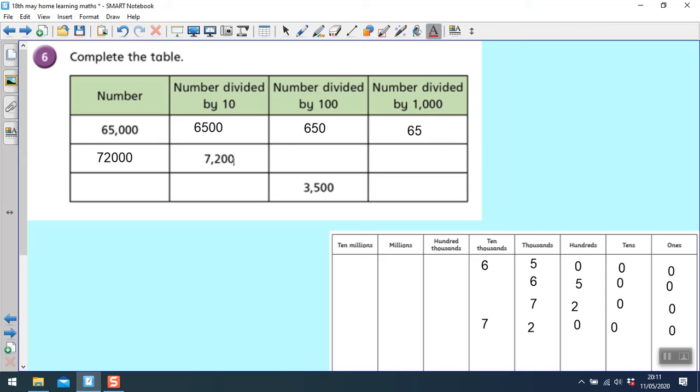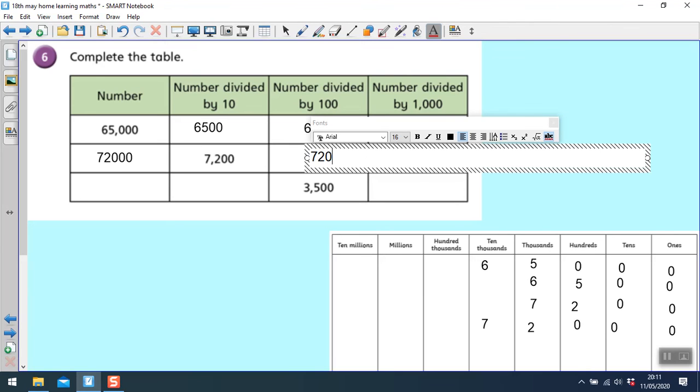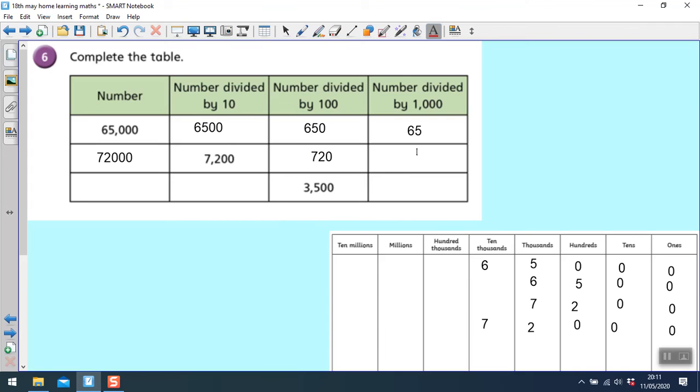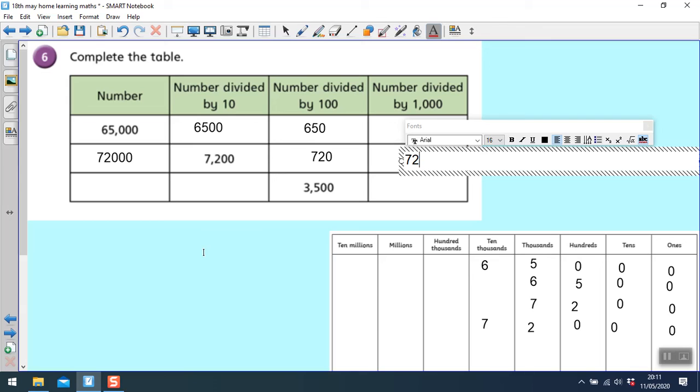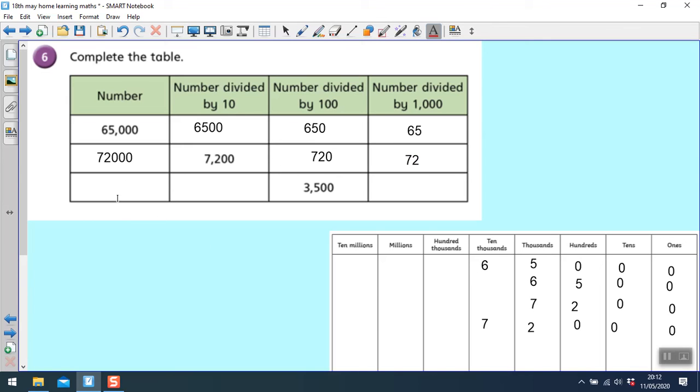72,000 divided by 10 is 7,200. Divided by 100, so another 10, is 720. Divided by 1,000, so you're dividing by another 10, is 72. To get this one, something divided by 100 equals 3,500.